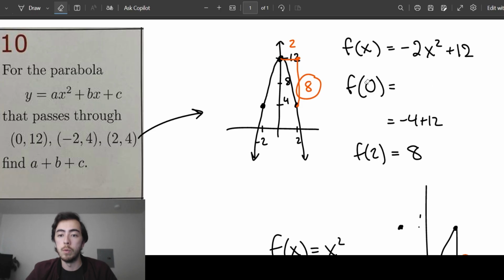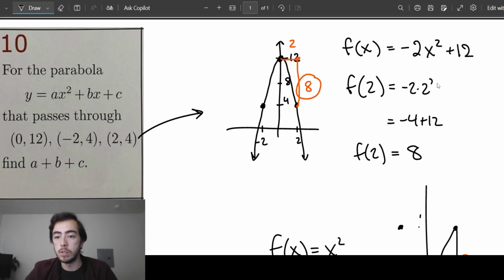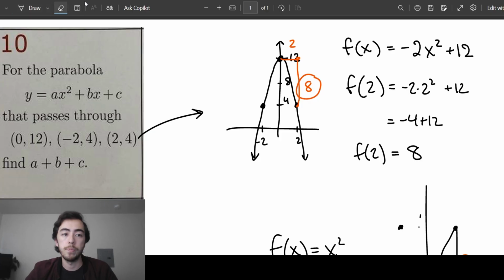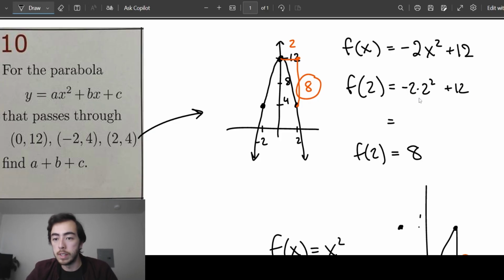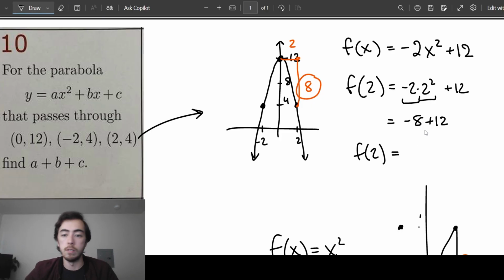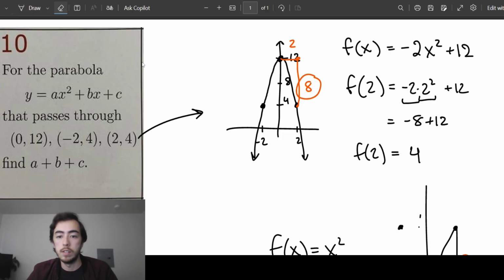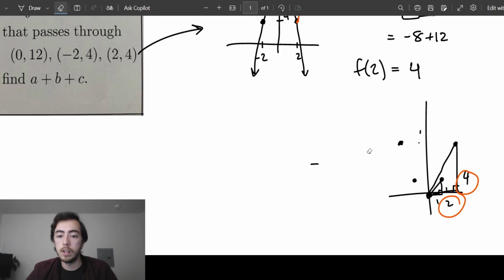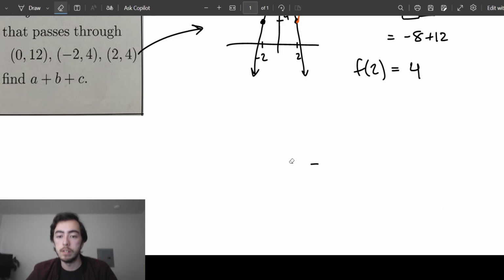And then now when I plug in the 2, I'll get -2 times 2 squared plus 12. Doing the exponents first, that's a 4. Then multiplying the -2 gives us a -8. And then once we do -8 plus the 12, we do get 4. So there is the equation.